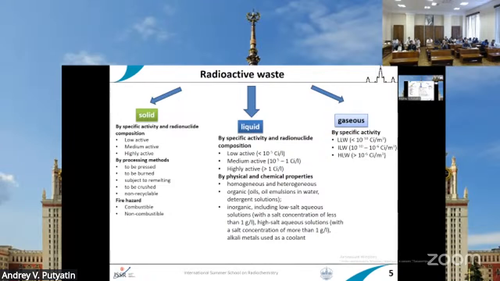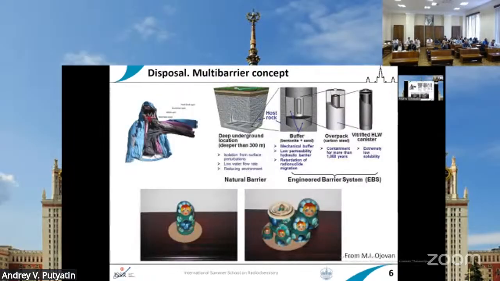So again, it depends on the specific facility, on the technological processes, and we can add any other sorting as it would be convenient for our technological processing of the radioactive waste.